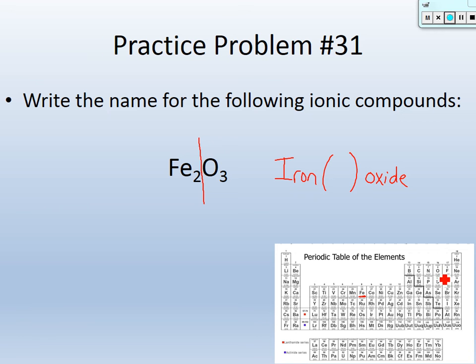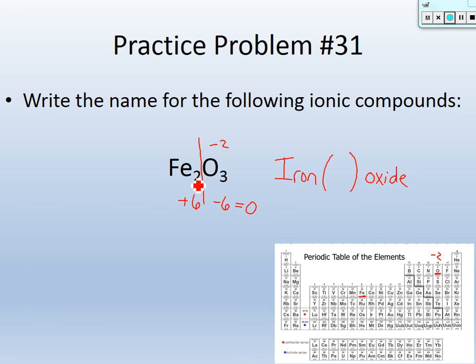Oxygen sits right here. What's its charge? -2. But I've got 3 of them. So what's the total charge on this side? -6. All ionic compounds that are neutral have charges that sum to 0. So if that side is -6, what does this side have to be? +6. Because that's the only way it can sum to 0.